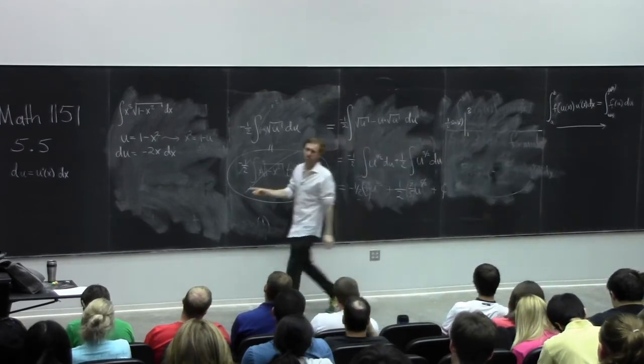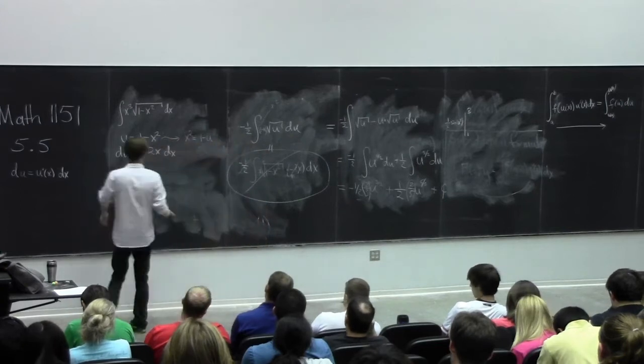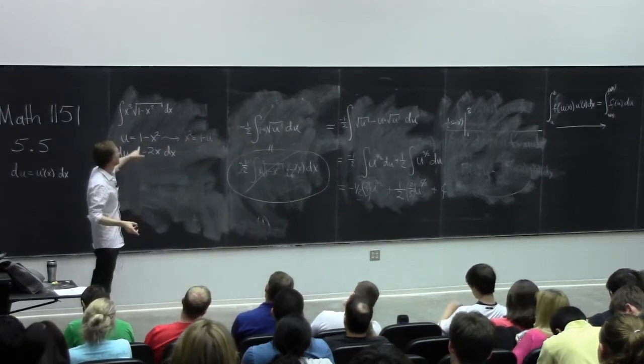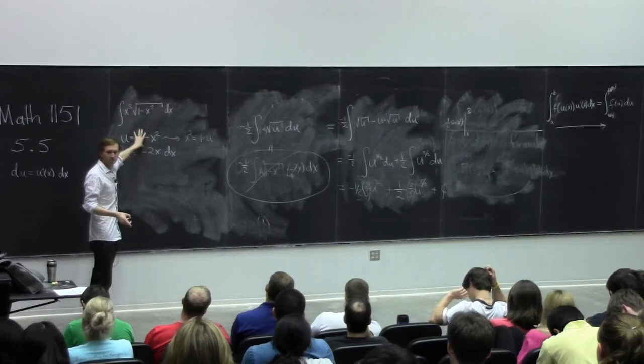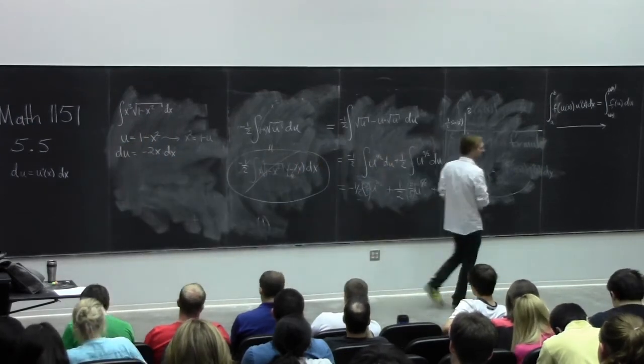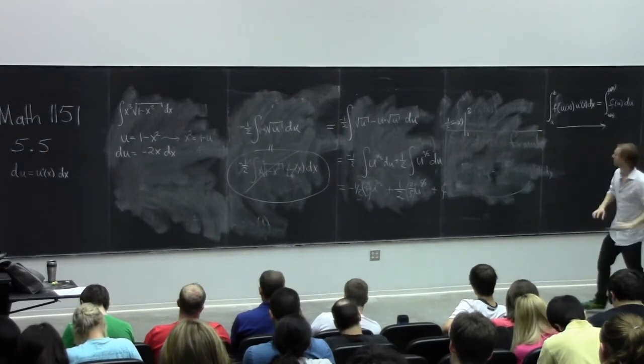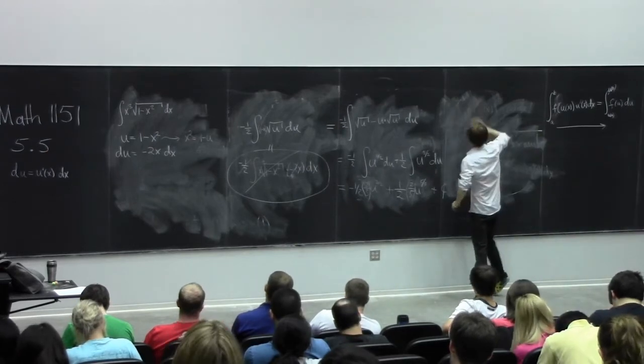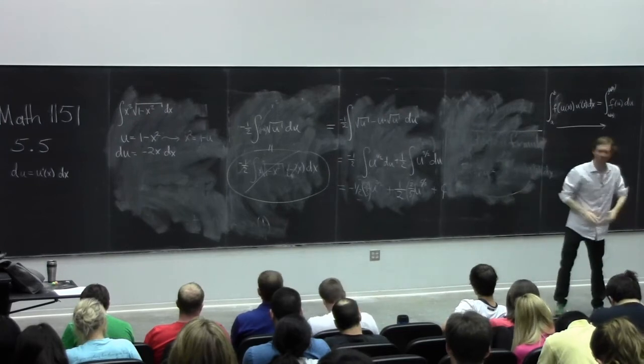What is u equal to? 1 minus x squared. And so now you plug this back in. And so our final answer, I'm going to rewrite the question, that's always good to do.